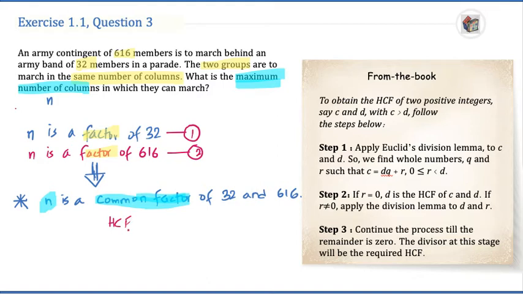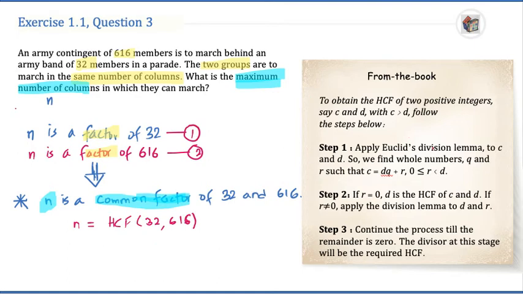We call it the HCF, the highest common factor. So the n that we are looking for is equal to the HCF of 32 and 616. Now finally it starts to look like the other questions in this exercise. We needed to do all of this inference, take this meaning out to reach this stage. And after this it is easy.